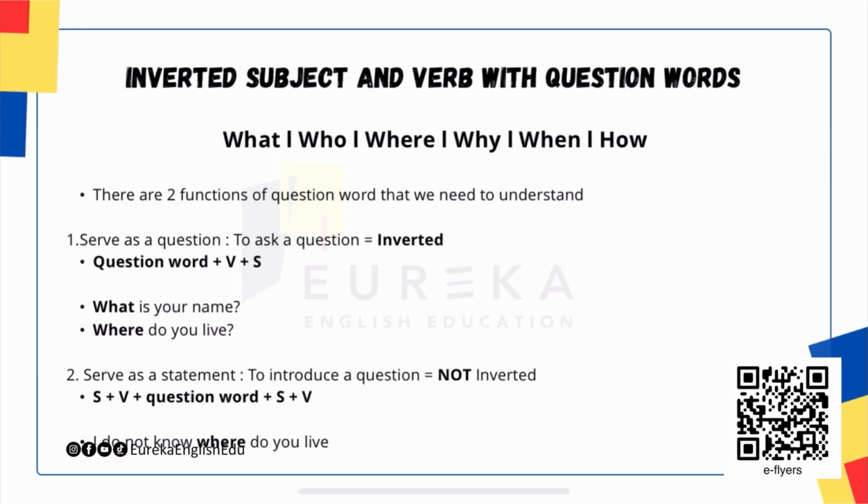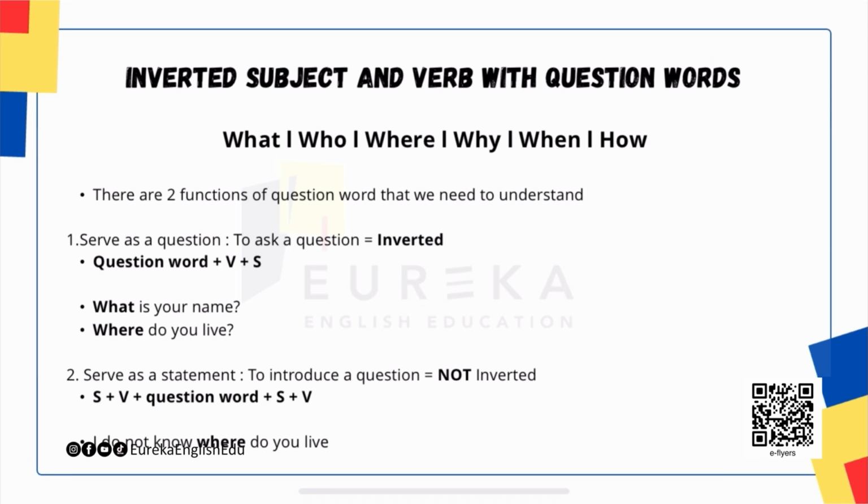So the formula is still subject, verb, plus question word, and then followed by subject and then also the verb. The characteristic is that the question word will come in the middle of the sentence and it is not followed by any question mark.